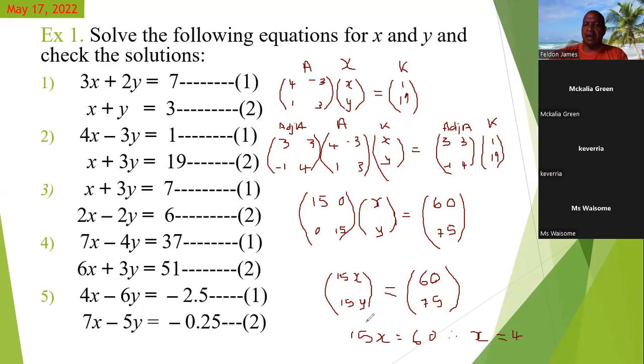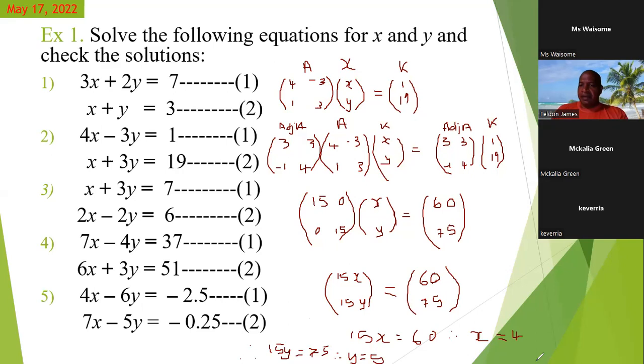And y would be equal to what? 5. So we have 15y equal to 75. So therefore, y is equal to 5. Everybody got that? Raise your hand if you got that correctly for me, guys.